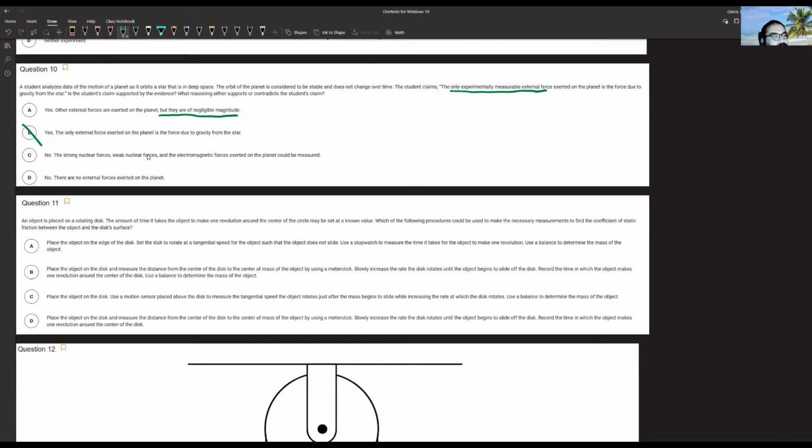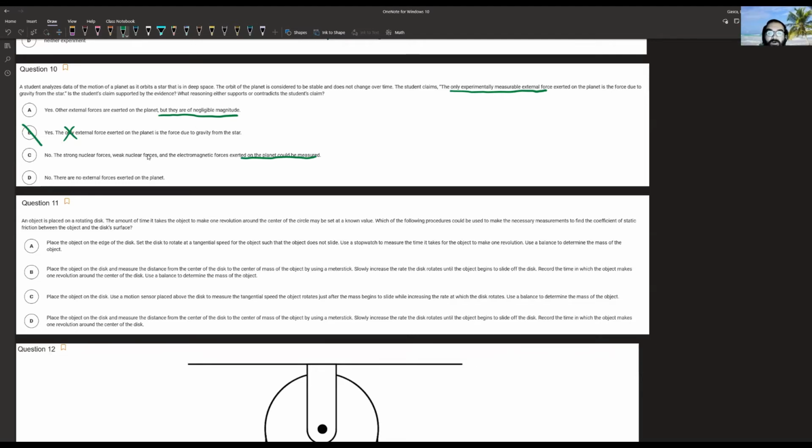Here they're saying the only external force. That is not true. There are forces from other objects in the universe. The strong nuclear force and weak nuclear forces are really weak at these scales. The strong nuclear force stops being an effective force once you get to the size of big atoms. And that's one of the reasons why there's a limit to how big of an atom we can get.